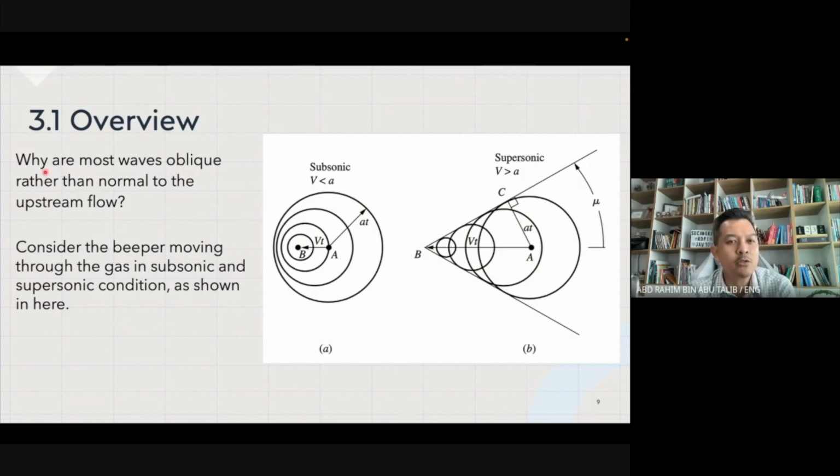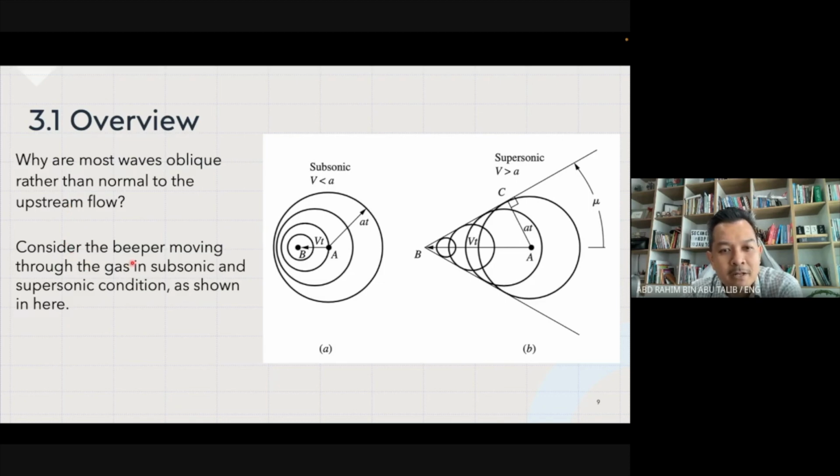So why are most waves oblique rather than normal to the upstream flow? In actual cases, you will see more oblique shocks than normal shocks.